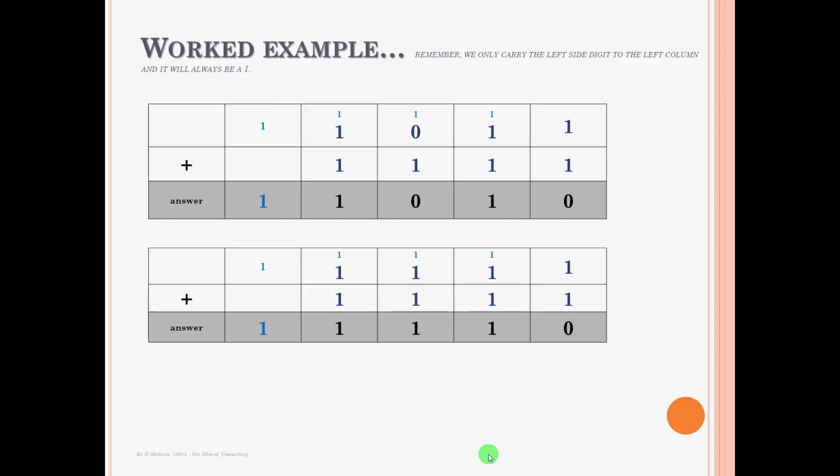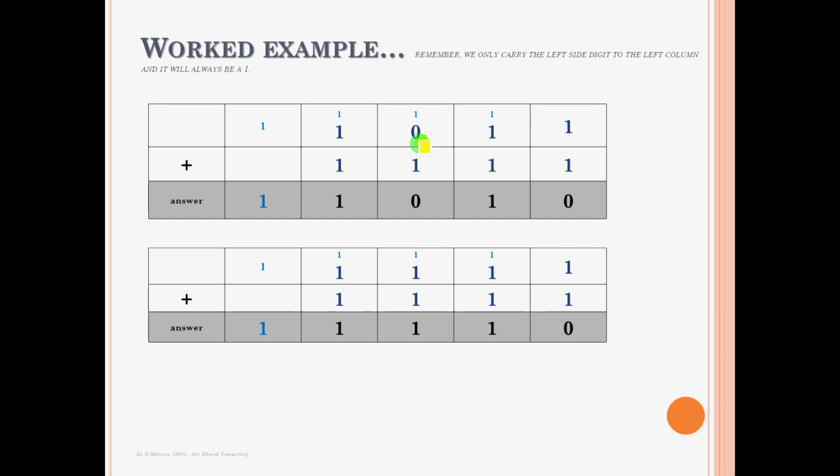Another example. 1011 plus 1111. So again here, we still follow the same principle. However, we have a little 0 here.